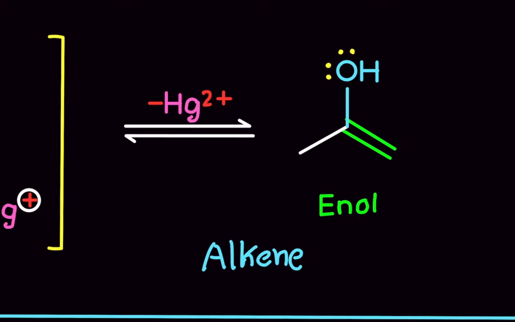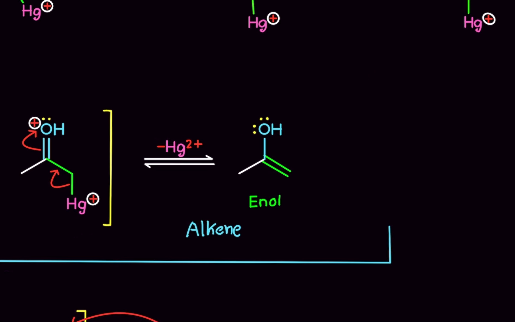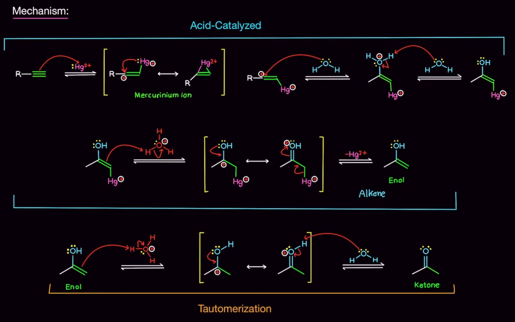The alkene is always adjacent to the alcohol. It is not part of the alcohol, it is right next door. It is part of the carbon that bonds the alcohol and this pi bond here, the alkene. Okay, we have our enol.